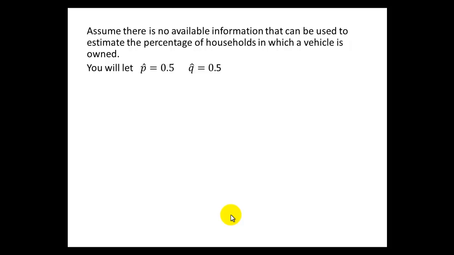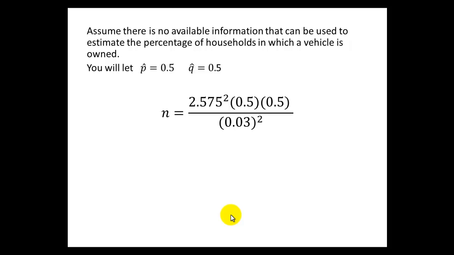This will give us the most conservative estimate of size, which is actually the largest, that will allow us to have the type of confidence we want and the type of margin of error. So when you don't know a value for P hat, which is often the case, then we just share the load. Let P hat be a half and let Q hat be a half.